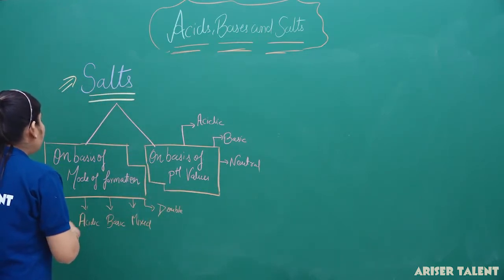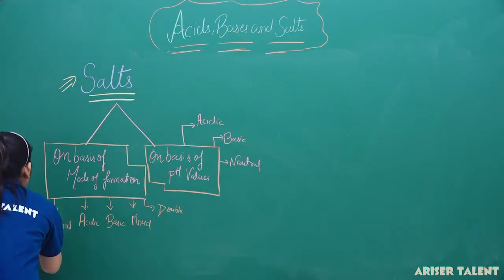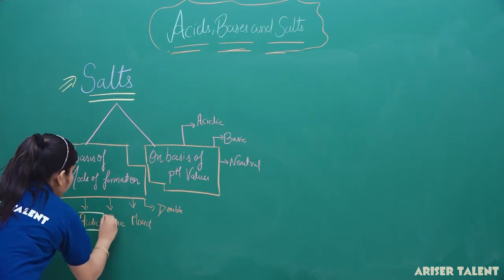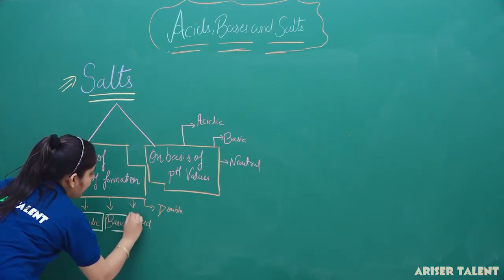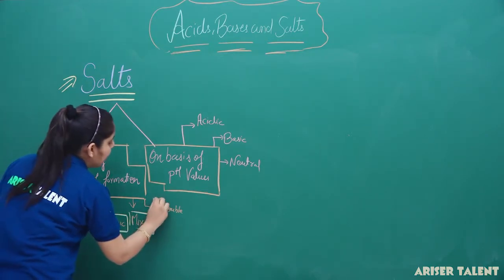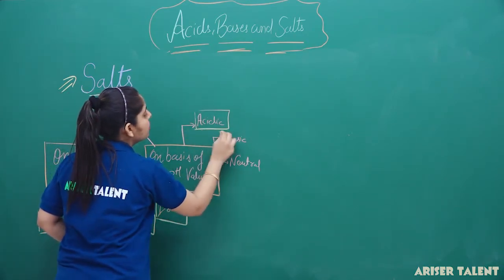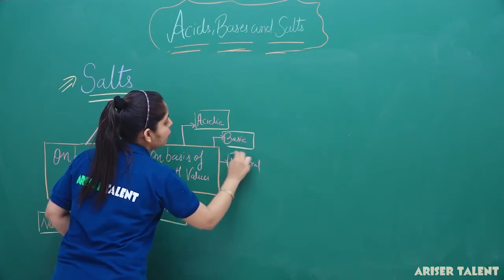Now we will deal with the mode of formation. We have our first category, normal, acidic, basic, and mixed salt, and the last category is double salt. And in the pH category, we have acidic salt, basic salt, and neutral salt.